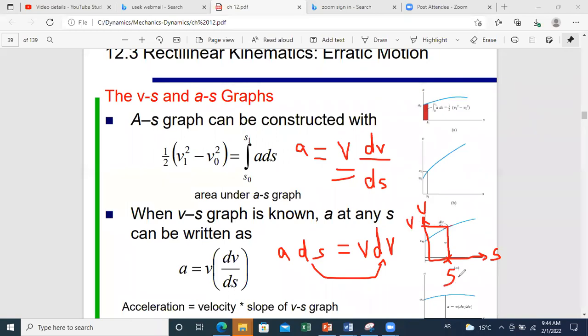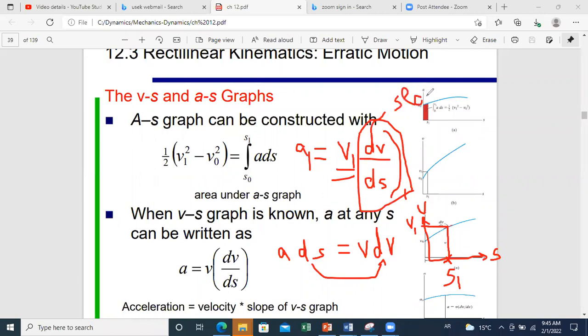So let's say I am interested in a1 at s1. So for s1, I read the corresponding velocity v1. So I say that a1 is equal to v at point 1 times the derivative of velocity with respect to s at point 1. And graphically, this represents the slope.